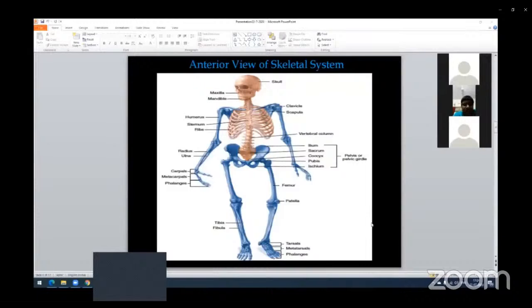Next one is the patella. The patella is your knee joint. If you feel your knee joint, you can see a round shape bone that is called the patella bone. The next ones are the tibia and the fibula. If you take your right leg, there is a small ball structure on the outside, just above the ankle.